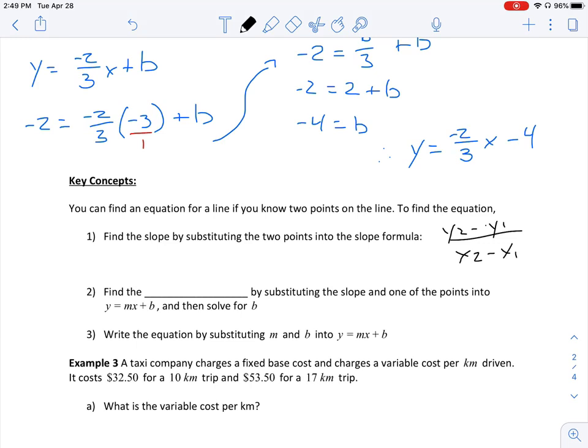The second step, find the y-intercept by substituting the slope and one of the points into y equals mx plus b, and then solve for b. And then write the equation by substituting m and b into your equation. So these 3 things basically sum up what we just did up top, and make it a little bit easier to follow what you need to do in order to find the equation of a line given 2 points.